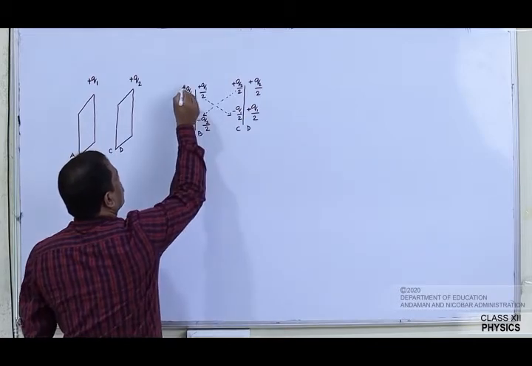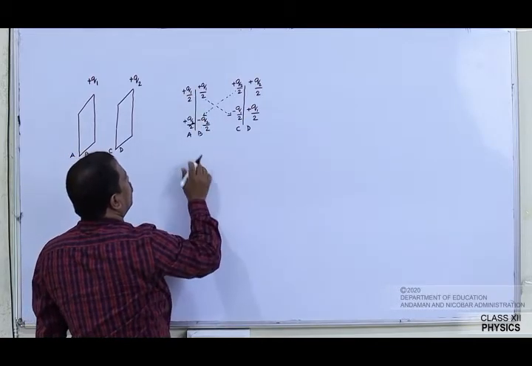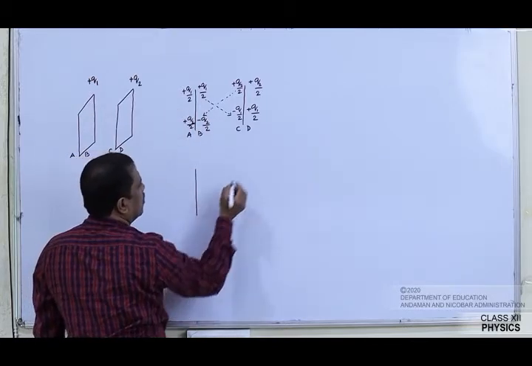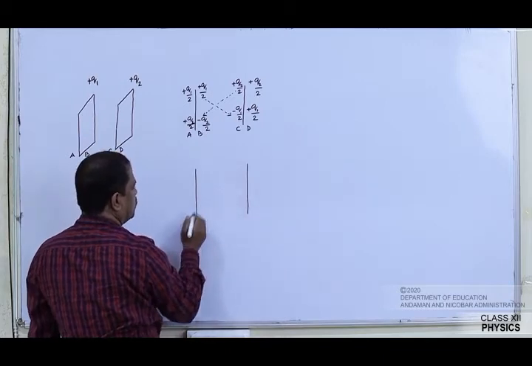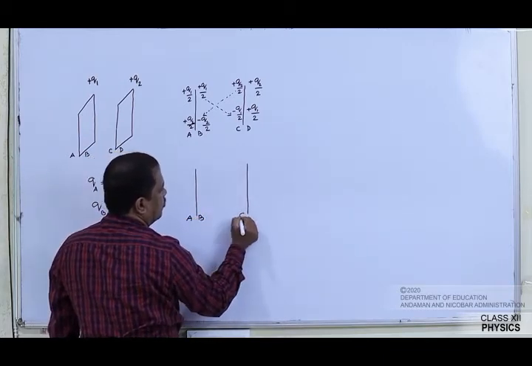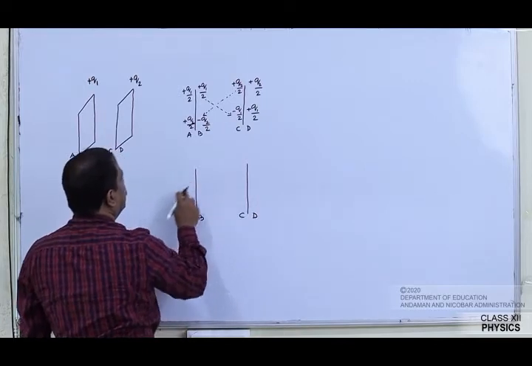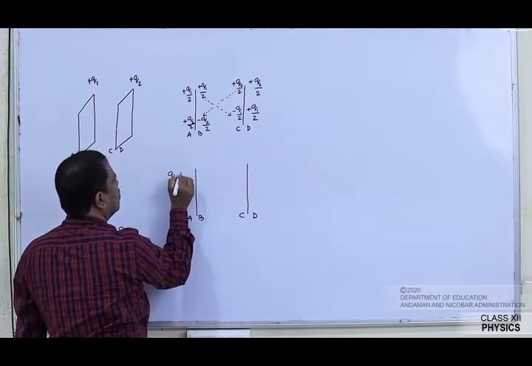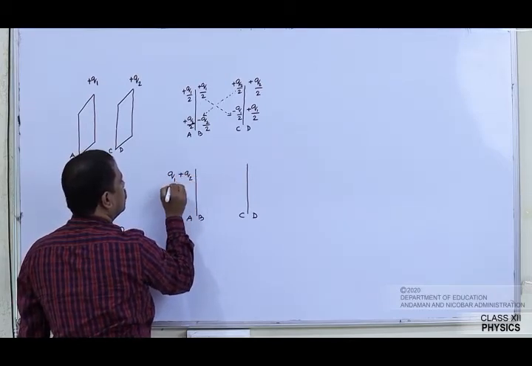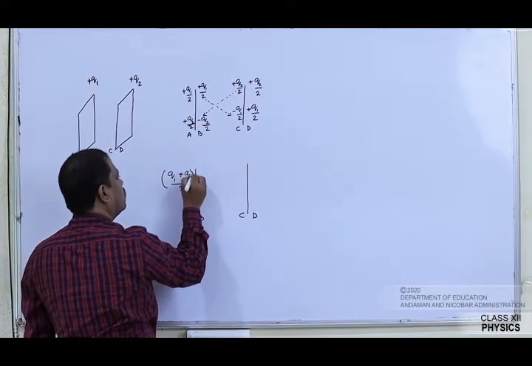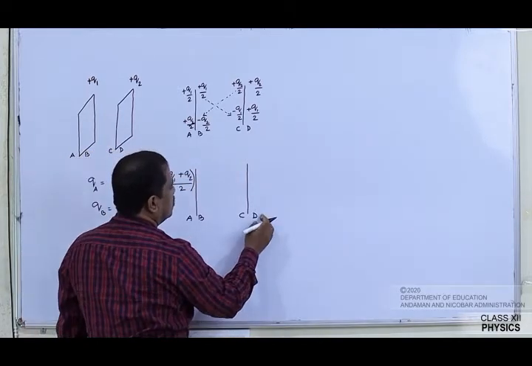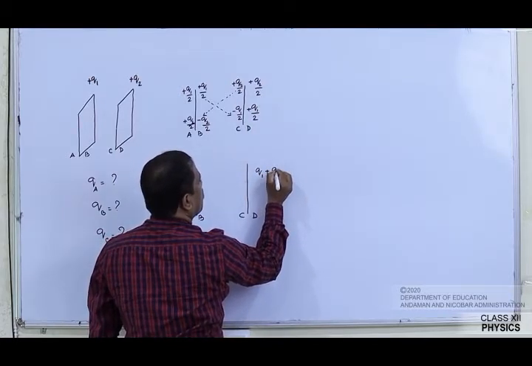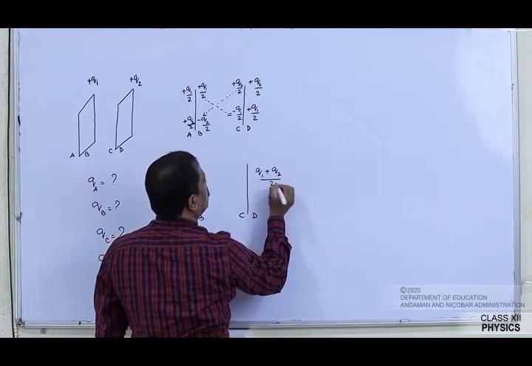Now I want to find the total charge on face A, face B, face C and face D. On the left side, face A, I see the sum of these two charges, so this will be q1 plus q2 by 2. This is the total charge. On face D, the total charge is once again q1 plus q2 by 2.